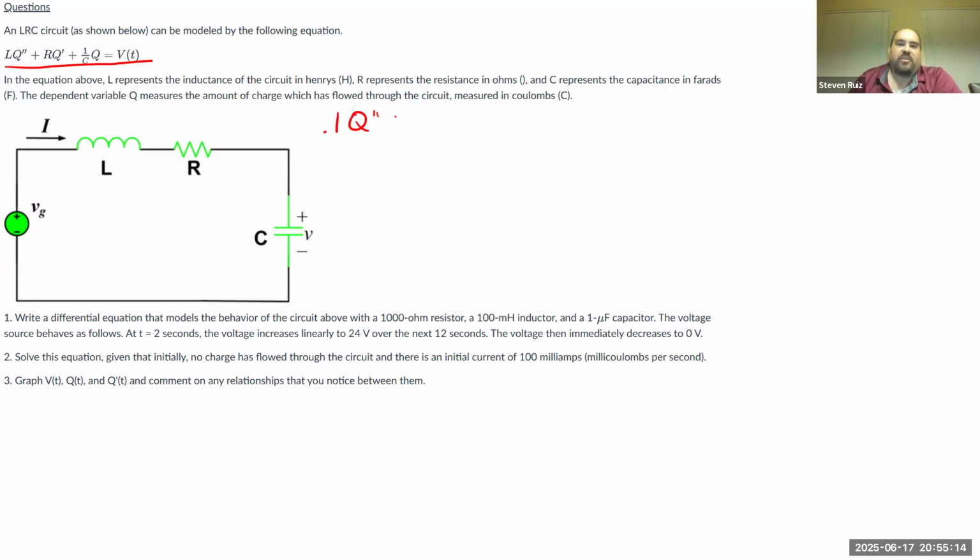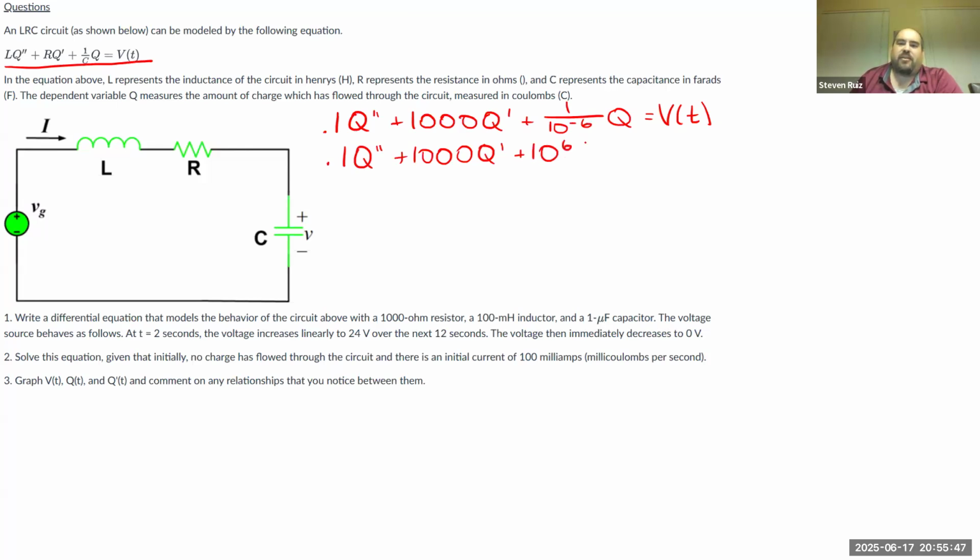R is a 1,000 ohm resistor, so plus 1,000 Q prime, plus 1 over C, so 1 over 1 microfarad, so 1 over 10 to the negative 6 Q equals, for now, I'm just going to call it V of T. Let's clean things up a little bit more. So 0.1 Q double prime, plus 1,000 Q prime, plus 10 to the 6 Q equals V of T.